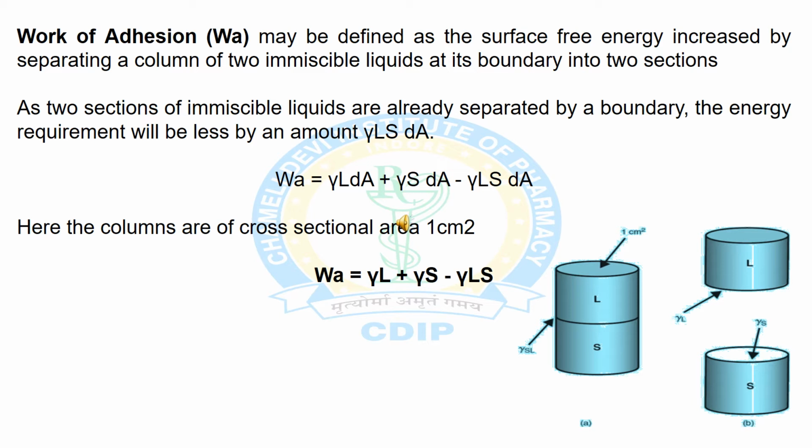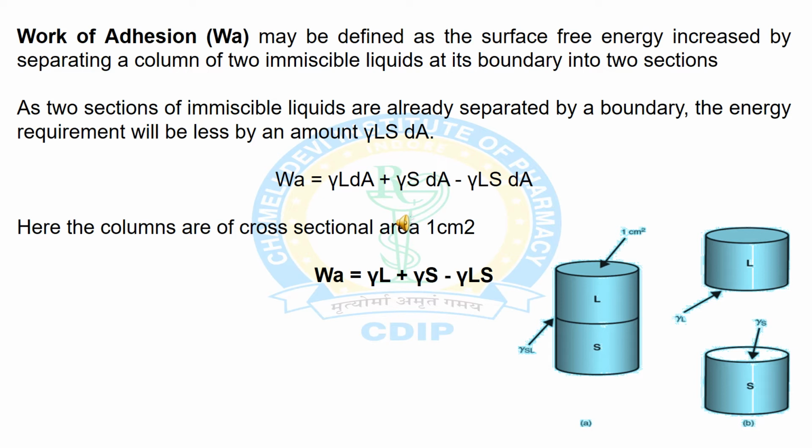As shown in the figure, two immiscible liquids L and S are mixed together having a cross-sectional area dA. When the column is separated into two halves, it is further subdivided into L and S. The surface tension of the first column will be gamma L and the other column is considered as gamma S. Therefore, the work of adhesion for two immiscible liquids can be written as gamma L into dA plus gamma S into dA minus gamma LS into dA.